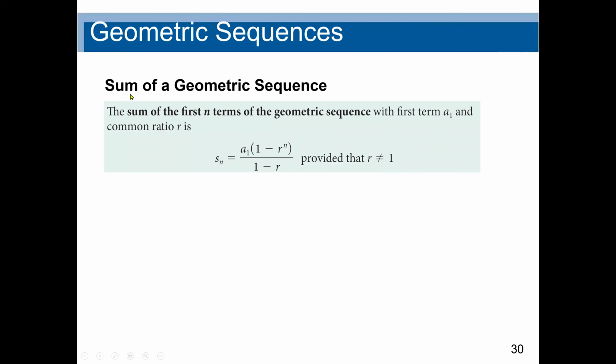So we also have the sum of a geometric sequence. Same concept as the sum of an arithmetic sequence.